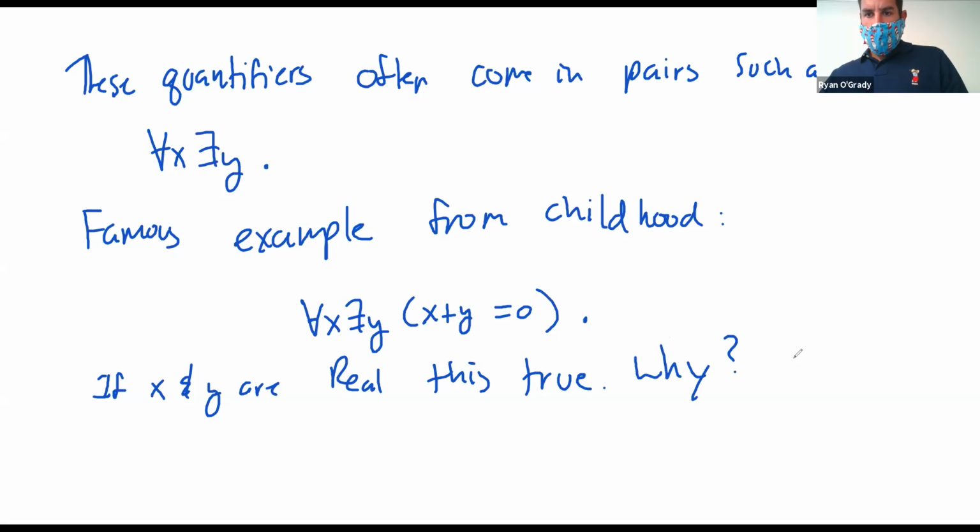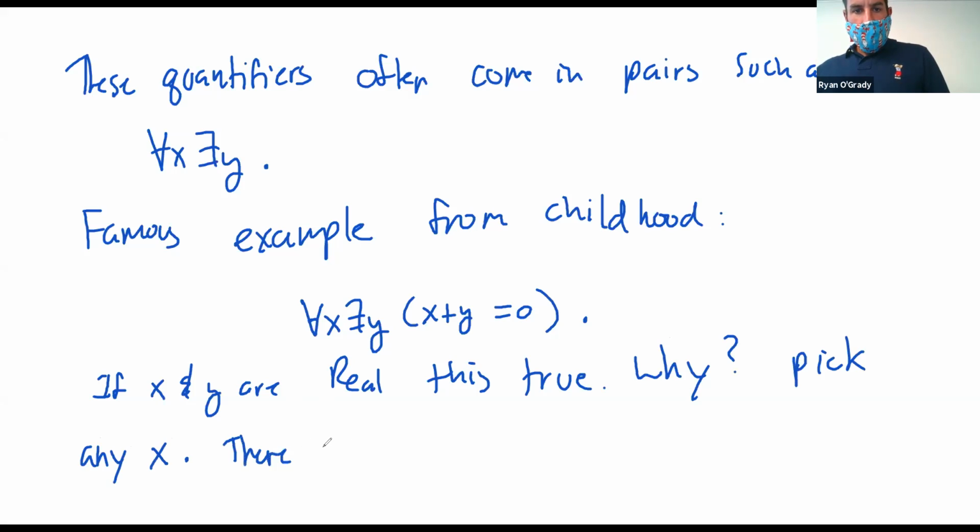Well, why? Here's how we're going to read this. How do we read in English? What direction do we read? Left to right, correct? So if we translate this to English, this means pick any x, because it's going to be true for any x. There exists a y, and what is y?